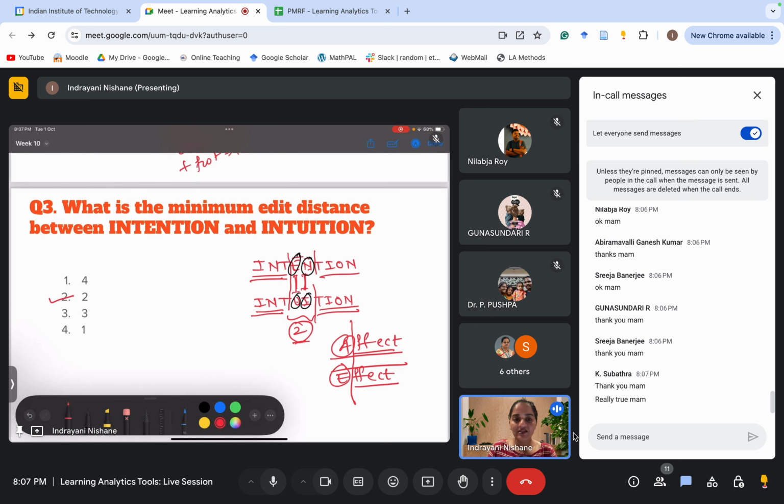Since I know that these are the names which attend every week, most of the people are present today, they are very regular, they come every week. So if you join on time, then we will finish early, we will be free for our other work also, and then we will get time to solve the doubts as well.